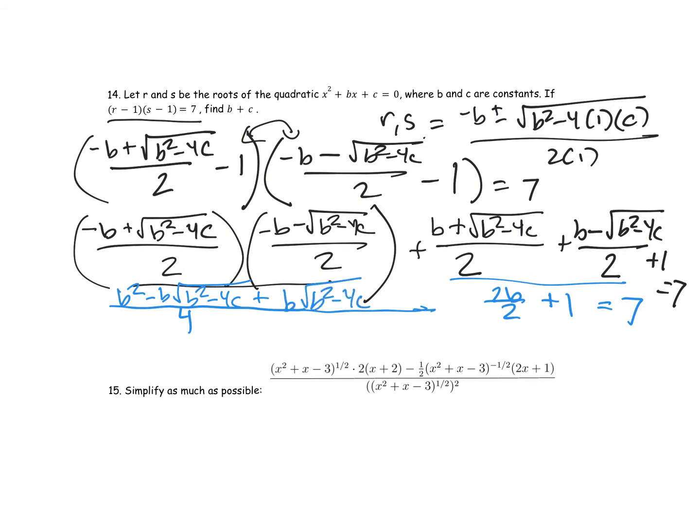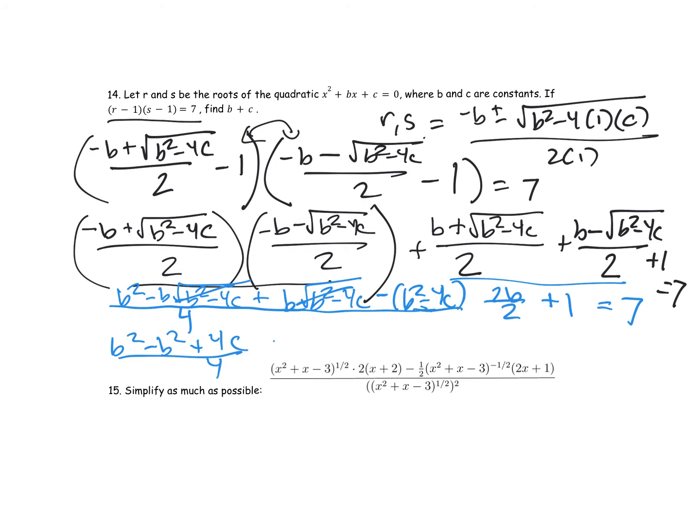Thank goodness, those would cancel. And then I'm going to have minus b squared minus 4c. I'm going to put that in parentheses because I've got to distribute that negative. Okay, so some good news here. That goes away. So I've got on the top b squared minus b squared plus 4c over 4.